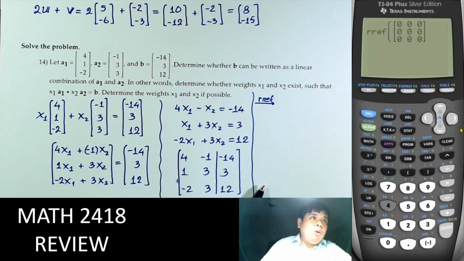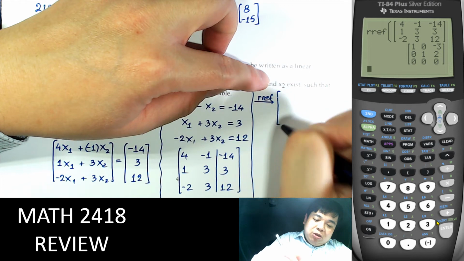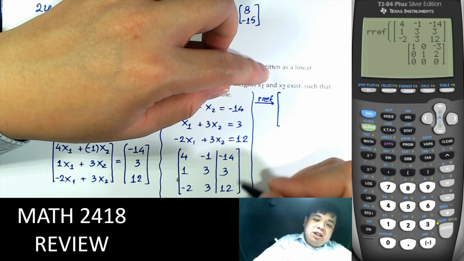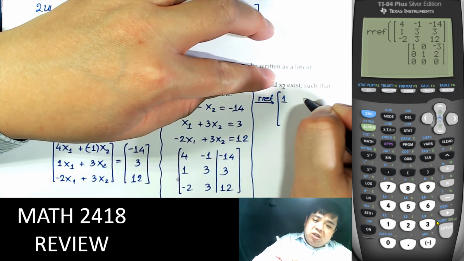Right. For negative 1, negative 14, 1, 3, and 3, negative 2, 3, and 12. Right, so that actually there's no problem. I mean, what I was afraid of, sometimes it might not work, so we have to add a column of 0 at the end if that doesn't work, but this one, it works just fine.